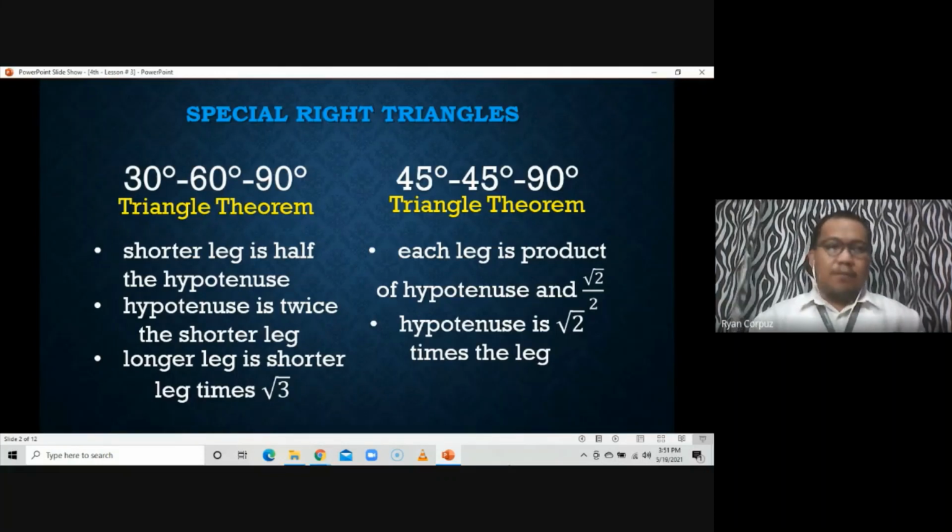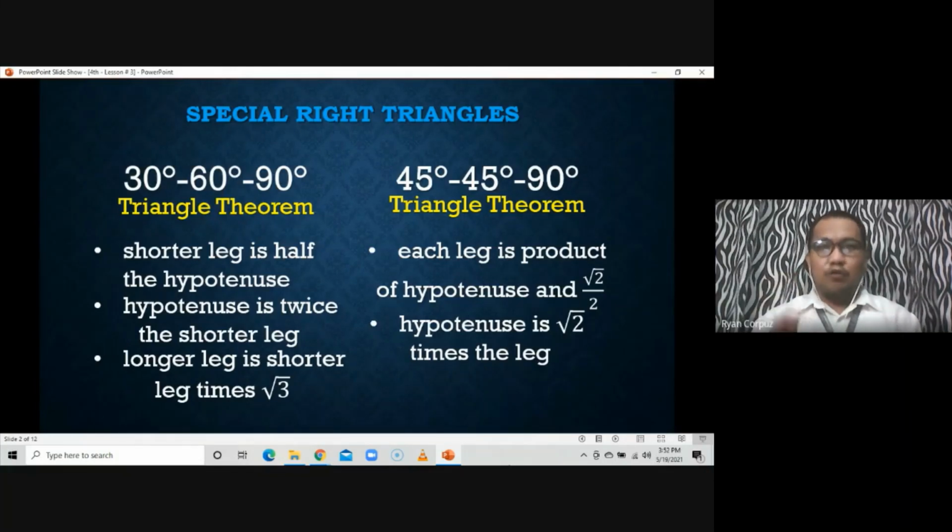So dito, in a special right triangle, even though isa lang dapat yung given natin for the side, dapat meron tayong isa pang given measure of angle, so for you to identify na special right triangle siya. For example, sa 30, 60, 90, alam mo na right triangle siya kasi may 90 degrees doon. So hindi siya magiging 30, 60, 90 degrees if any of 30 and 60 degrees is not present in the given right triangle.